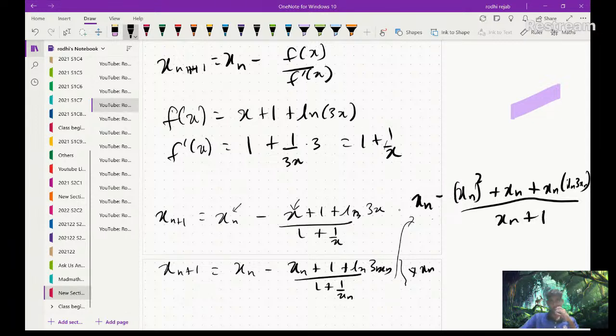And we have a minus here, so we just have to cross multiply.